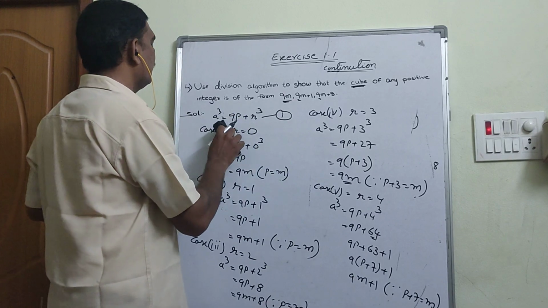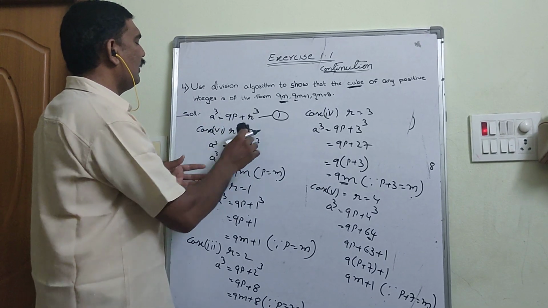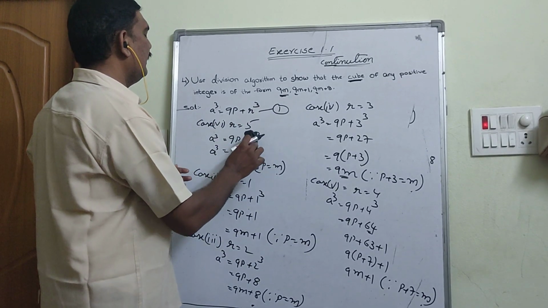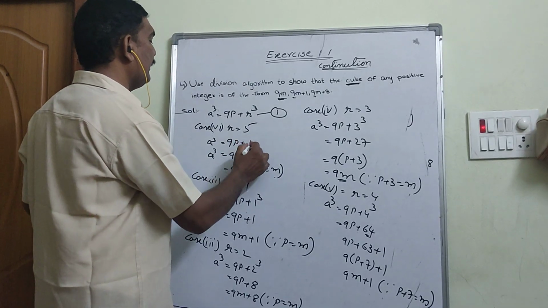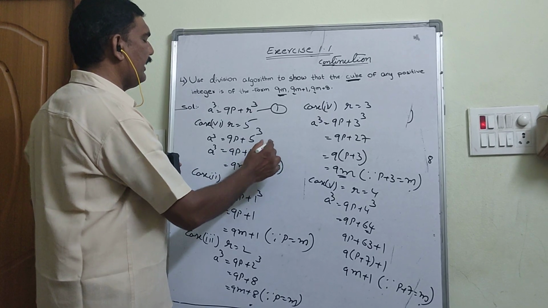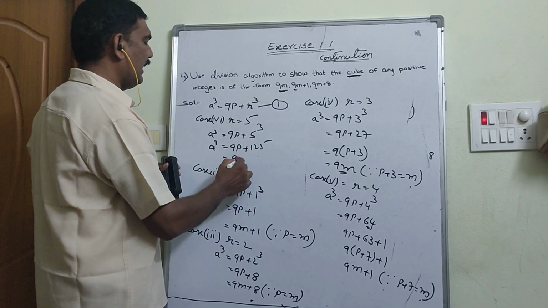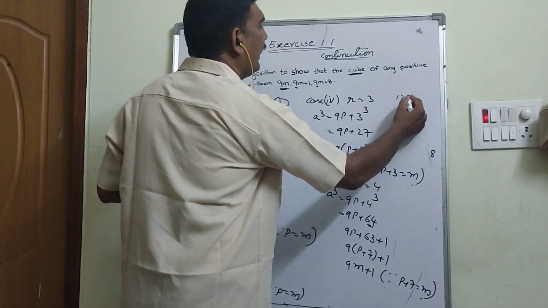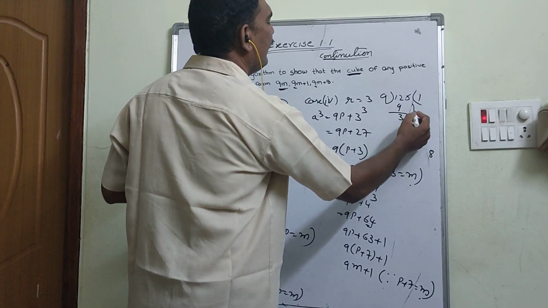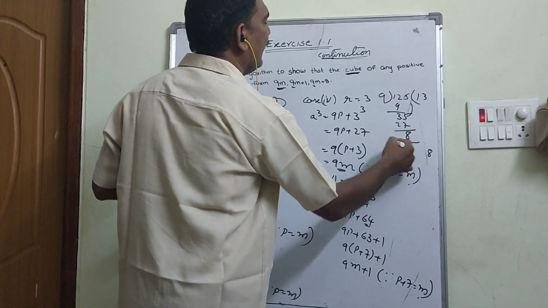Now case 6. Case 6, what you have to do is, r is equal to, 4 is completed, now 5. Then if you substitute in this, 9p plus 5 cube. So how much you are getting? 9p plus 5 cube is 125. 125 you can write as 9 into 13, 9 ones are 9 and 3, 35, 9 threes are 27, if you subtract, 8.